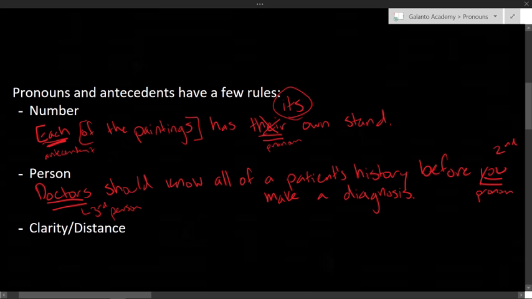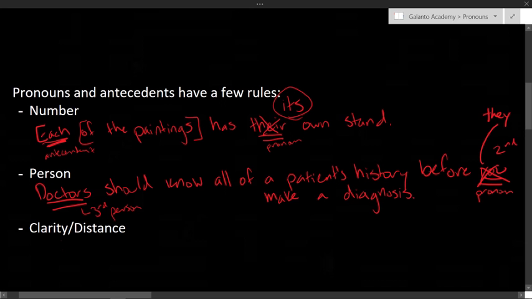So we need to make sure that it aligns. So what we would do here is get rid of you and instead say before they make a diagnosis. And then we don't have that grammatically incorrect perspective shift by putting in you when we're talking about doctors. Doctors should know all of a patient's history before they make a diagnosis.